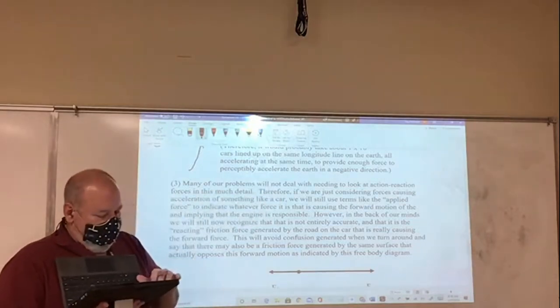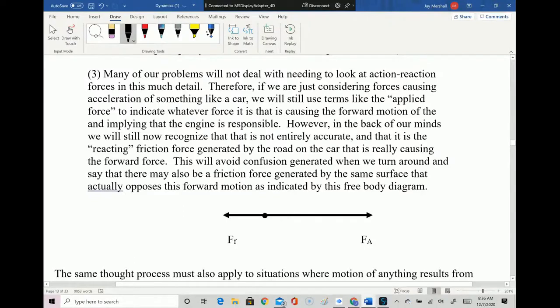Okay, now, fortunately for us, many of our problems will not deal with needing to look at action-reaction forces in this much detail. If we are just considering forces causing the acceleration of something like a car, we'll still use the term applied force to indicate whatever force it is that's causing the forward motion. I don't really care whether it's the engine or the tire or the earth that's pushing on the car.